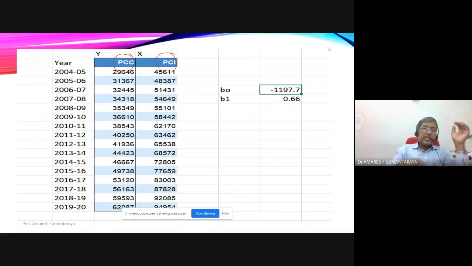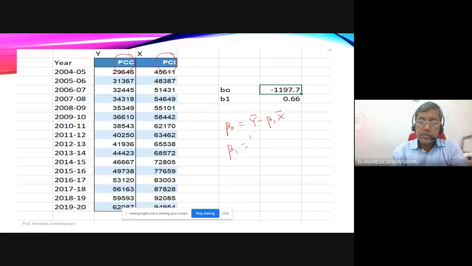So using this information Y and X and applying this formula, beta 0 is equal to Y bar minus beta 1 X bar, and beta 1 is equal to n summation yi xi minus summation yi summation xi, whole divided by n summation yi square minus summation yi whole square.